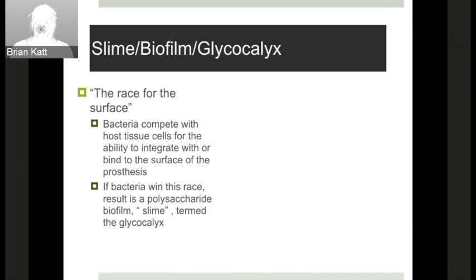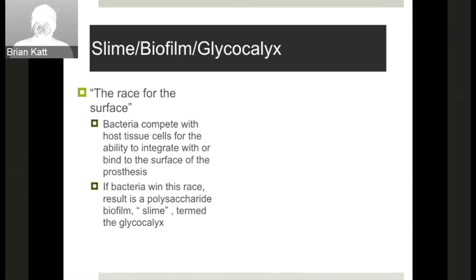I don't know what you guys know about slime or biofilm or the glycocalyx. There are certain bacteria that basically make this slime layer, or glycocalyx, and this is more for when there's a prosthesis involved.